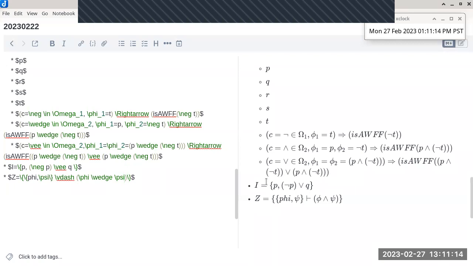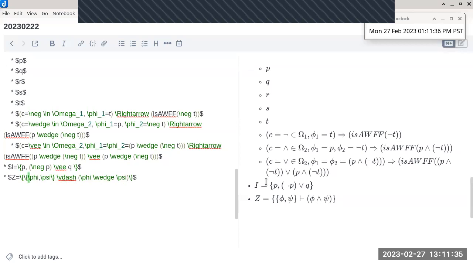So we have one element. I just specified a single element in zeta right now. So that particular element looks like this. I need to put a backslash in front of phi so it will look right. There we go. It looks like this.